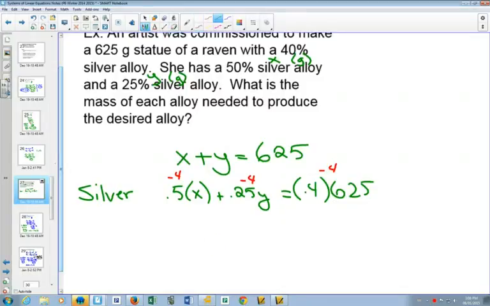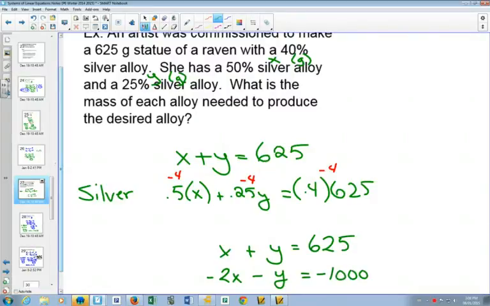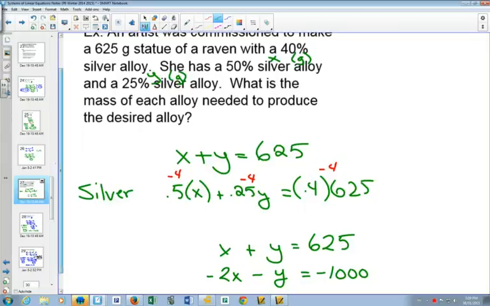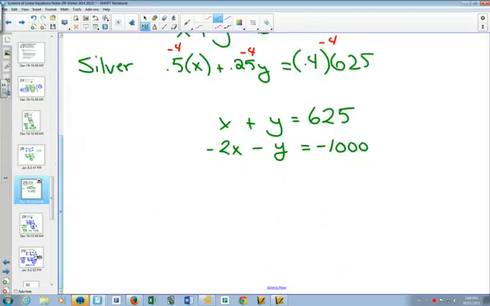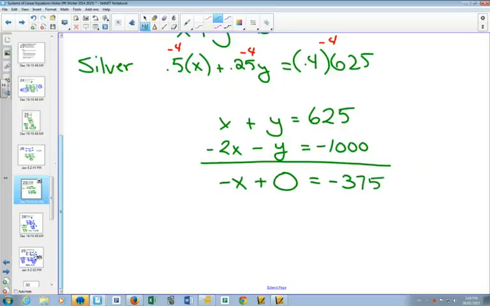Oops, I'll rewrite my first equation again. x plus y equals 625. And now I'll have negative 2x minus y equals negative 1,000. Add them up. x plus negative 2, negative x, plus 0, negative 375.